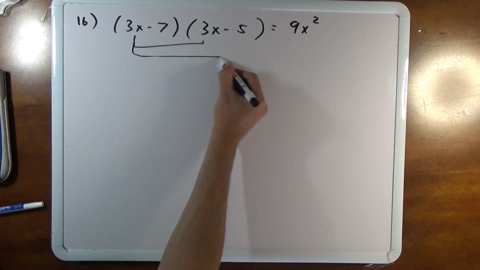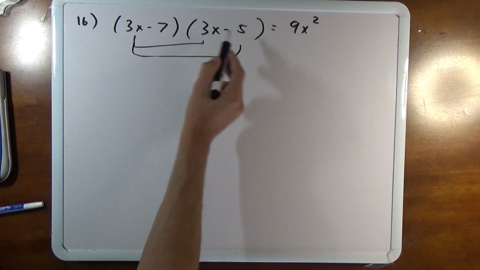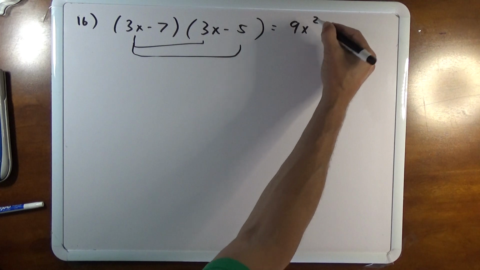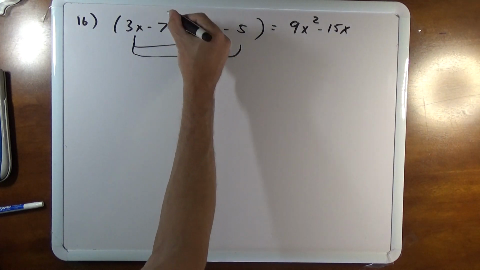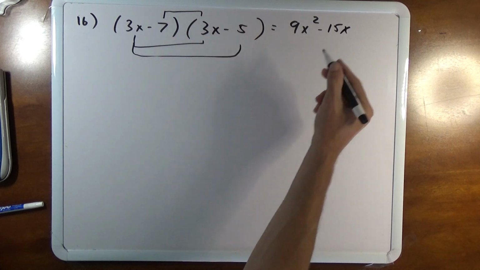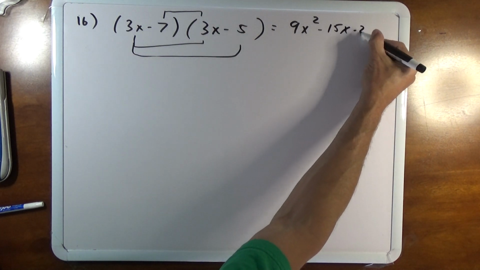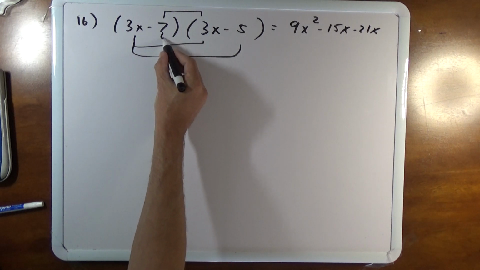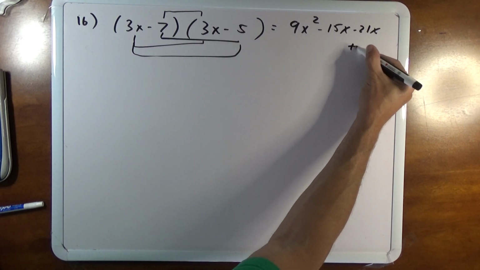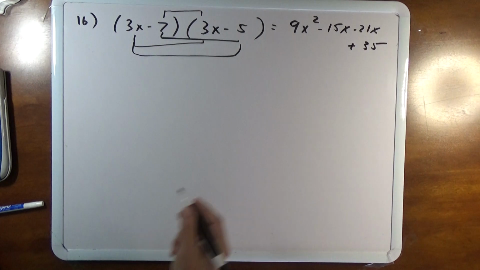Outside is the leftmost and the rightmost, so 3x times negative 5. Inside are the two innermost, so that's minus 21x. And then last is negative 7 times negative 5, I'll just write it there, plus 35.